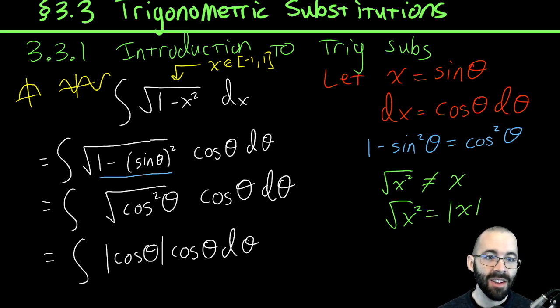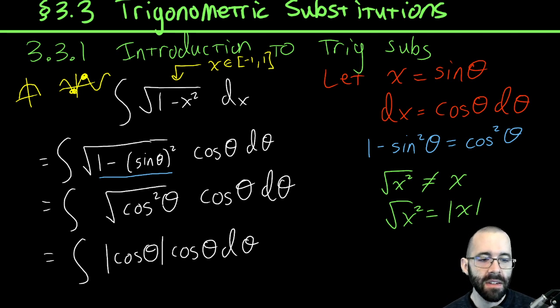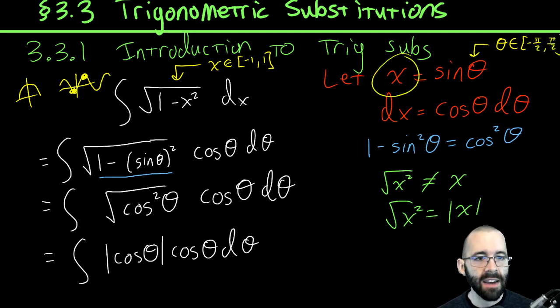What does theta have to be so that the range of sine is from negative 1 to 1? And we can just cover it in this interval. This is the same as arc sine, basically. All right, so theta can be between negative pi over 2 and pi over 2. And we can still get all the x's that we need if theta is in this interval.